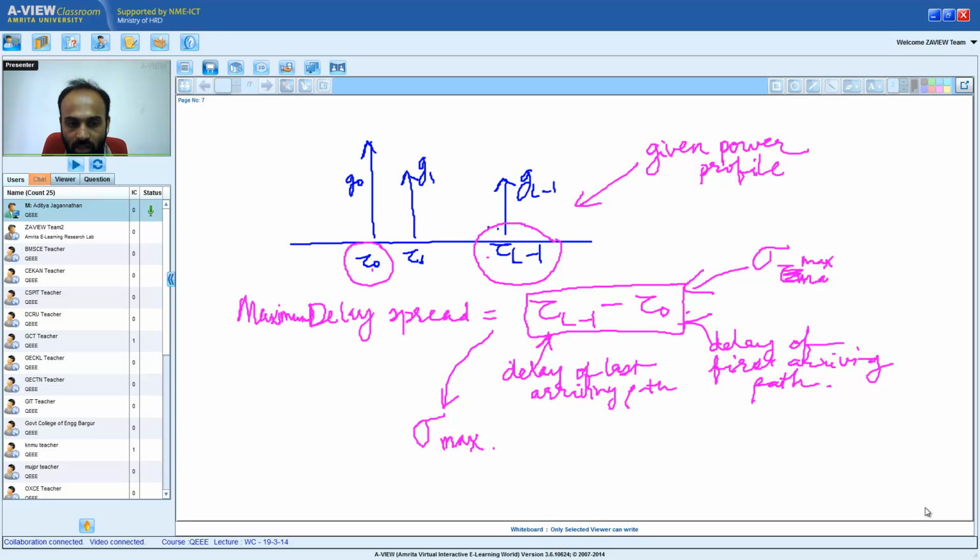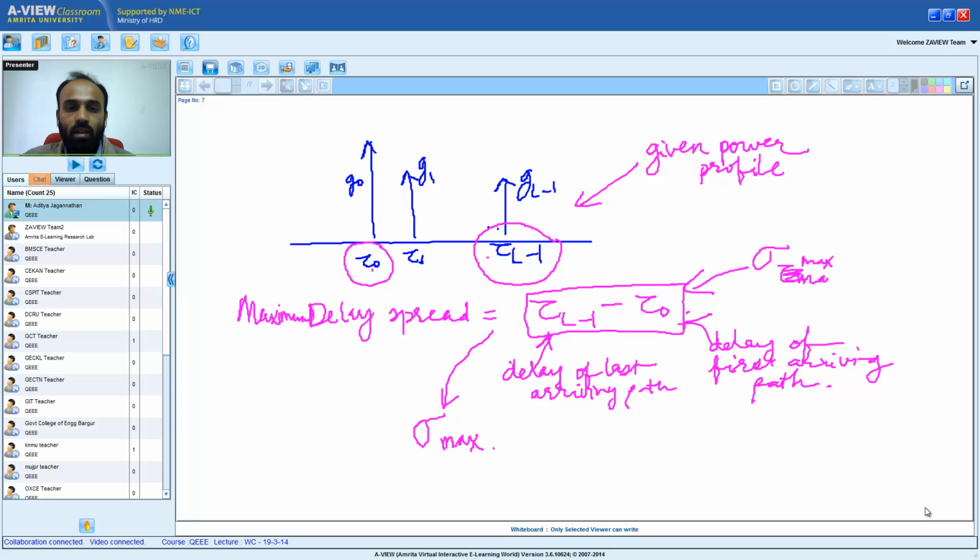What is the maximum delay spread? It is basically an indicator or a measure of the delay spread. It can be obtained as follows. Simply take the delay corresponding to the last arriving component, and take the delay corresponding to the first arriving component. Therefore, the maximum delay spread equals tau L minus 1 minus tau 0, which is the spread of delay over which the different multipath components are arriving.